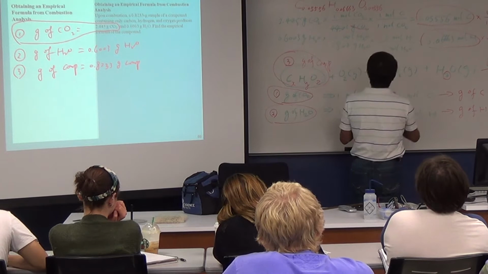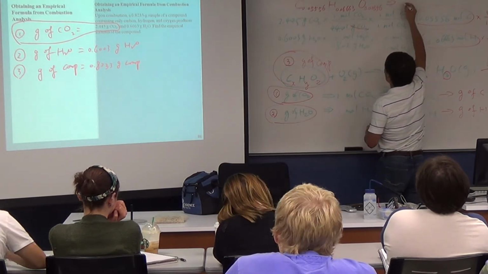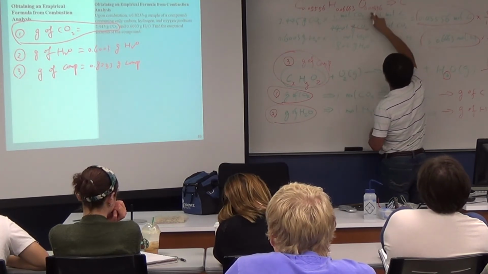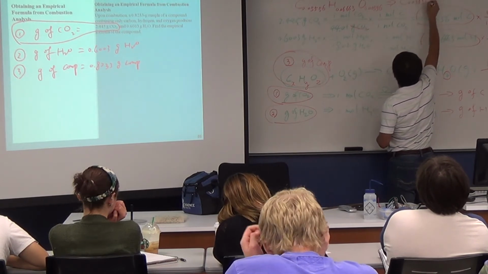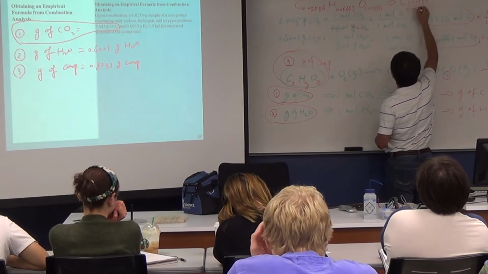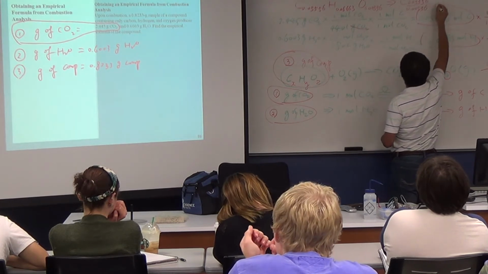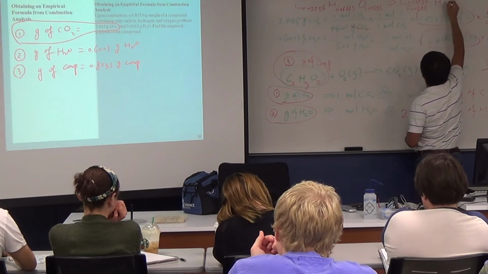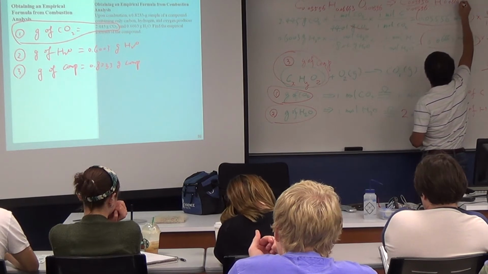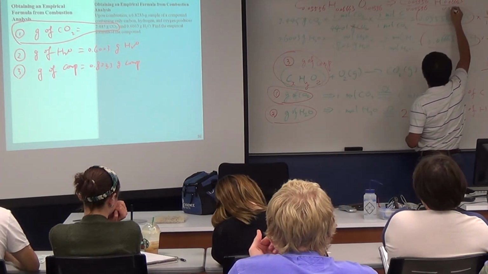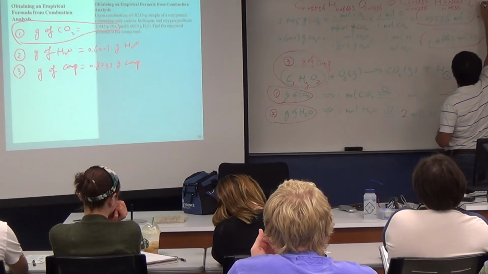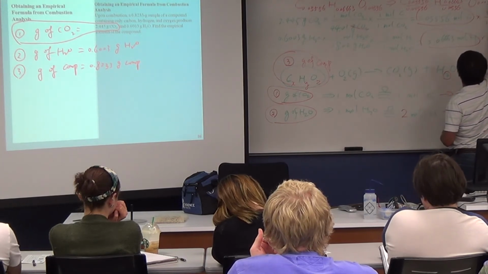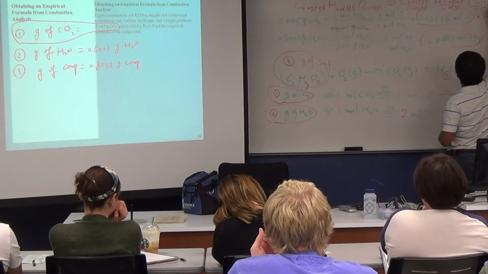So for C, the smallest one is this one, so 0.05556 divided by 0.00556. And H will become 0.06663 divided by 0.00556, and oxygen is 0.00556 divided by itself.